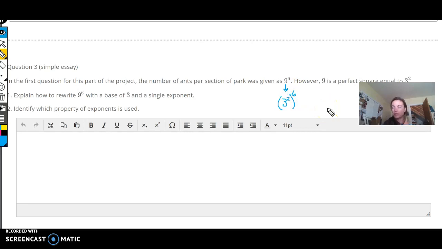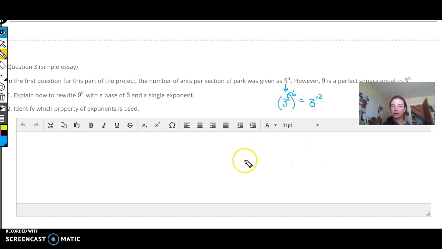And hopefully you'll recall from this lesson that when you have an exponent taken to a power, you can multiply these two numbers. All right, so this is essentially going to be 3 to the 12th, but let's really think about why that works, okay?